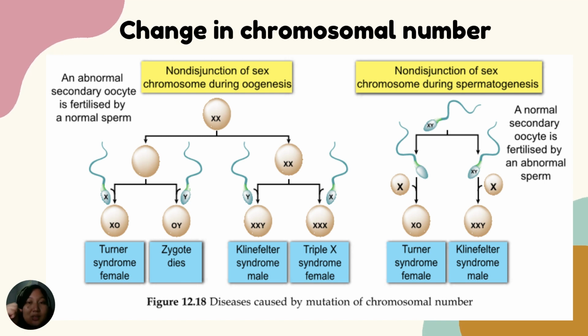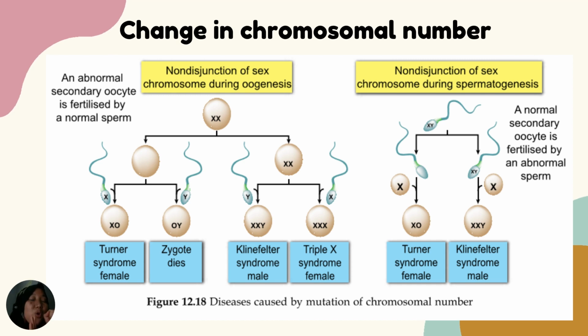The other gamete is still a gamete, but it doesn't have any sex chromosome in it. So this XY combined with one X from the female gamete will create XXY. So that is Klinefelter syndrome, male, because it is XXY.